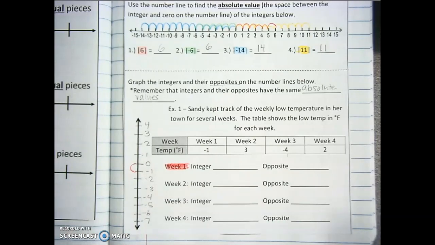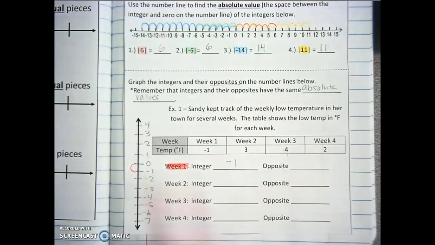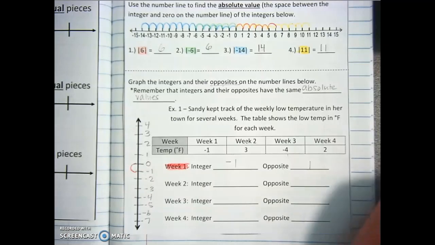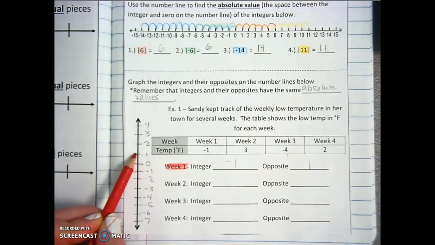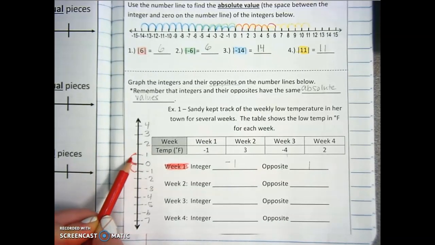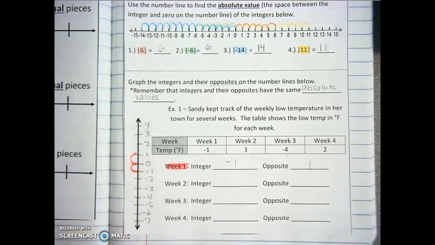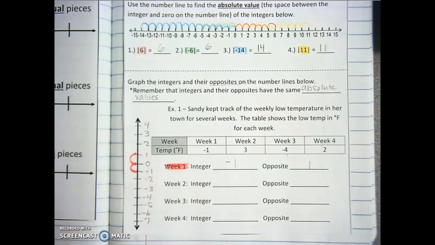So the integer is -1. The opposite, though, is 1. If I went to the other side of 0, the only other integer that is 1 space from 0 would be +1. +1 and -1 are opposite integers because they are the same distance from 0.